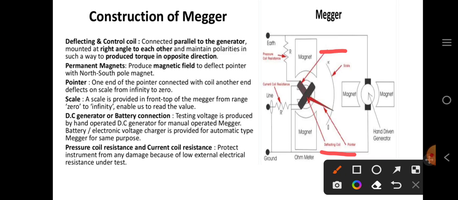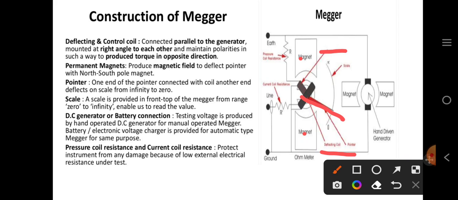Now the second point is the permanent magnet, this one. These magnets produce a magnetic field to deflect the pointer with north-south pole magnets. As you can see here, there is a pointer, and the deflection of this pointer is produced due to these permanent magnets.